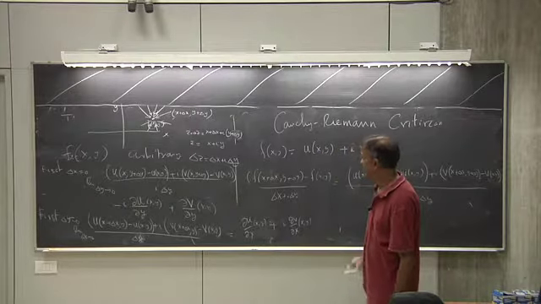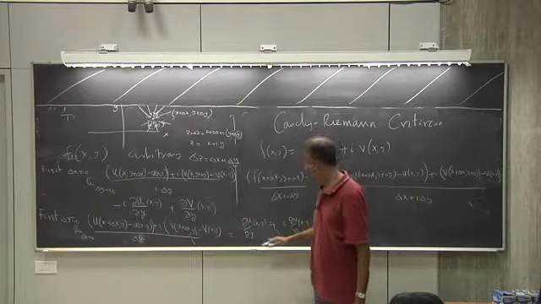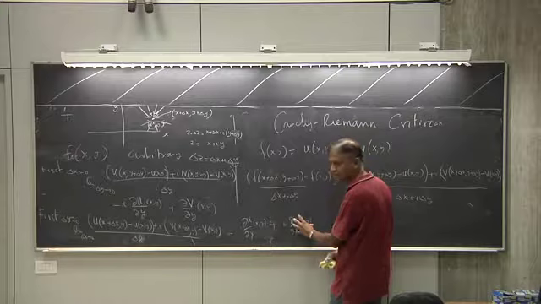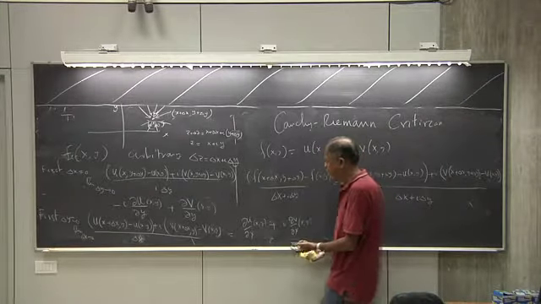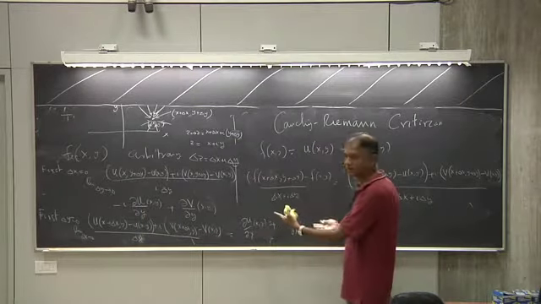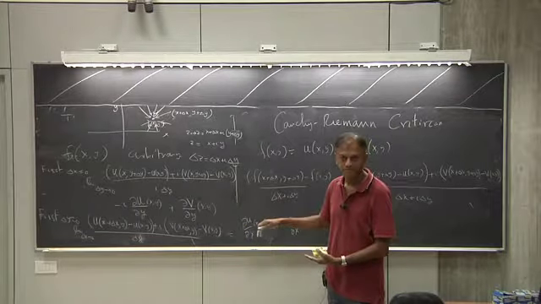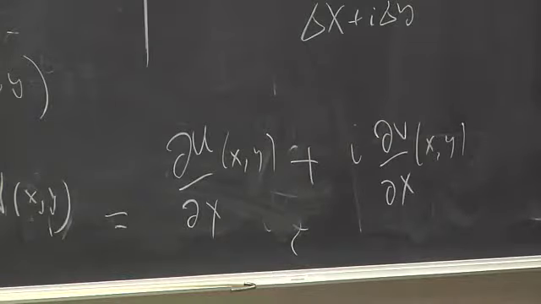Now, if this function f is differentiable in this sense, then these two must be the same. This is real, and that's also real, because u and v are real functions, so partial derivatives are also real. Similarly, this is real and that's real. For two complex numbers to be equal, the real parts must be equal and the imaginary parts must be equal. So equating the two, we get the Cauchy-Riemann conditions.